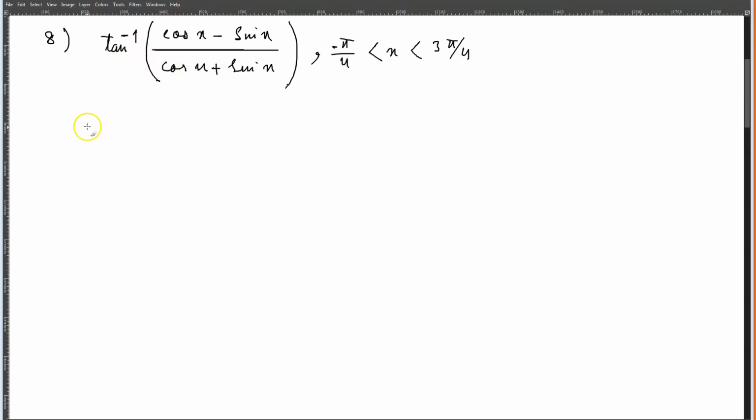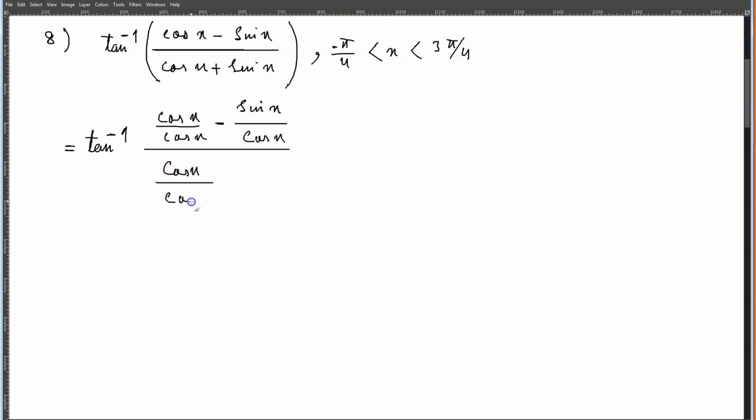You can write this as the tan inverse of, now if you divide both the numerator and the denominator by cos x, what you will get here is cos x by cos x minus sin x by cos x, again, cos x by cos x plus sin x by cos x.